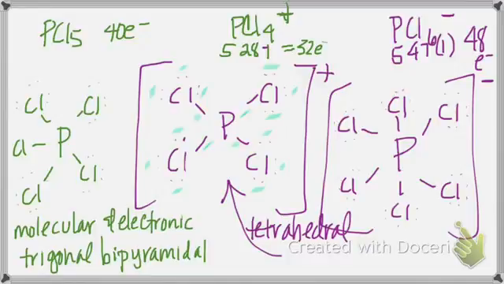So we have 2, 4, 6, 8, 10, 12, 14, 16, 18, 20, 22, 24, 26, 28, 30, 32, 34, 36, 38, 40, 42, 44, 46.